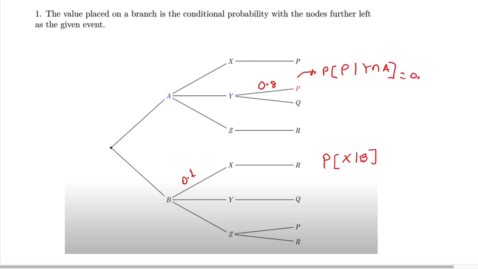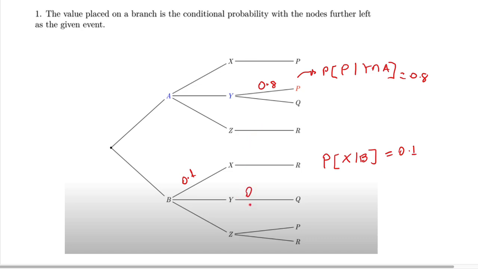So this is 0.8, this here is 0.1, and so on. We could populate this whole tree, and just to do one more, this one has to be equal to 1, but anyways, let's do this one.